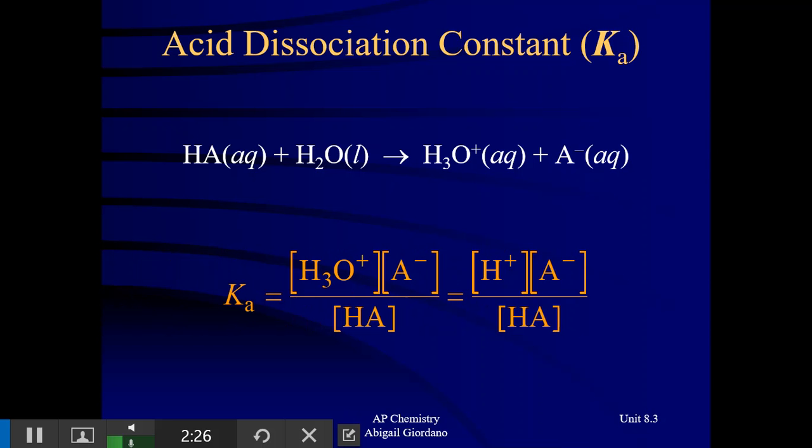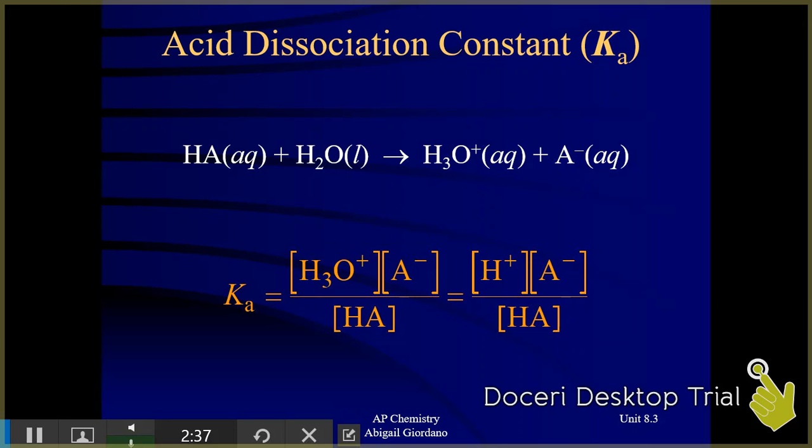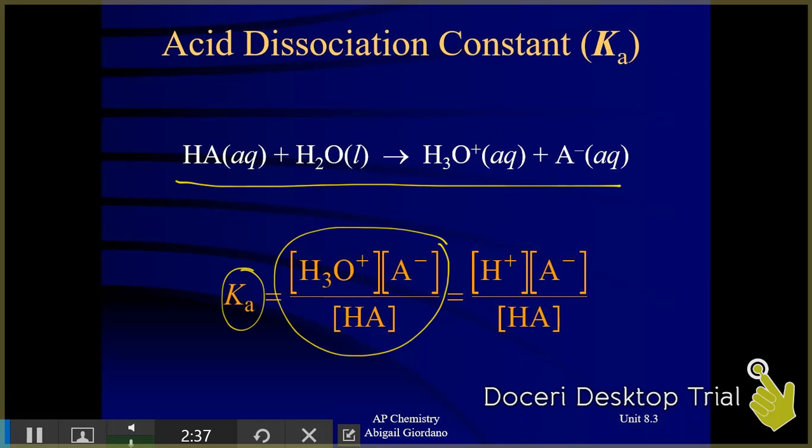For weak acids, we will very often write equilibrium expressions, just like this. Weak acids have what we call Ka values. That's an equilibrium constant. That little a just stands for acid. And this expression comes from this reaction.